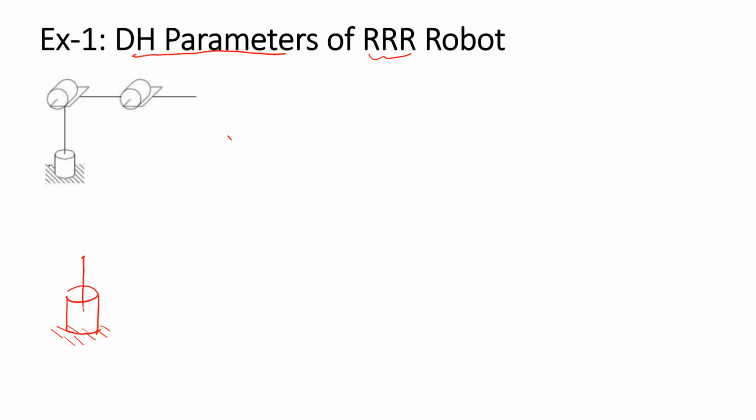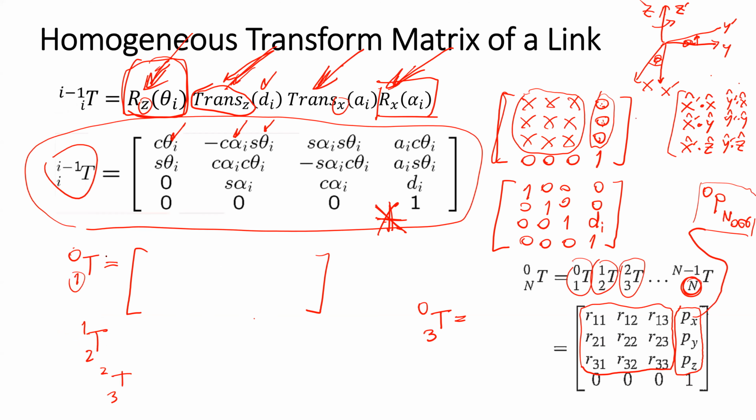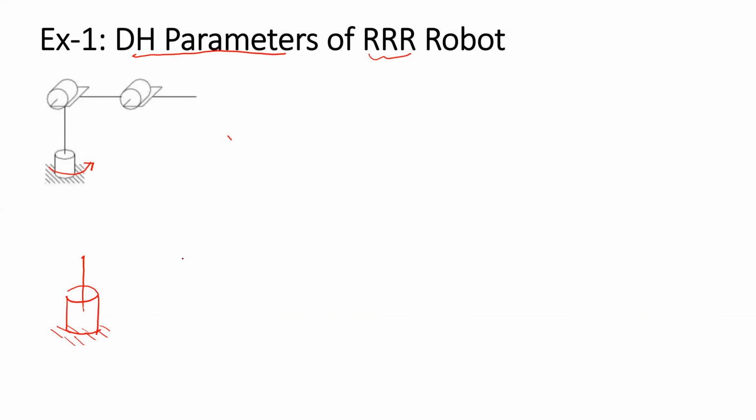What's gonna happen if we rotate this first joint about the vertical axis? If we do not rotate, this line may go in this direction.